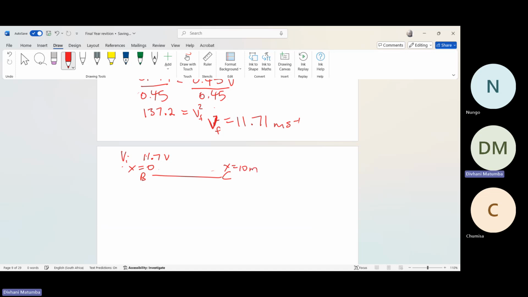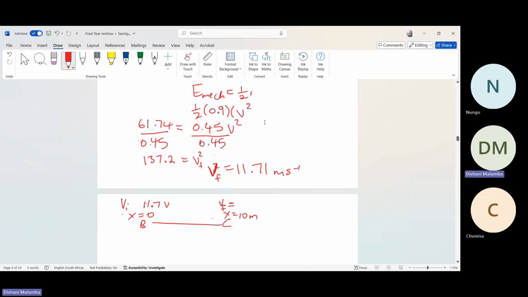And what will be the final velocity of my scenario from B to C? 11.71. Do you agree with that? Is it 0? Okay, let's go back to the scenario.